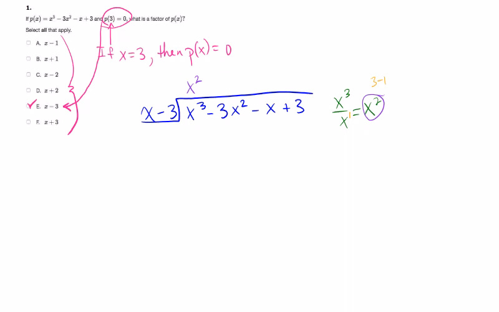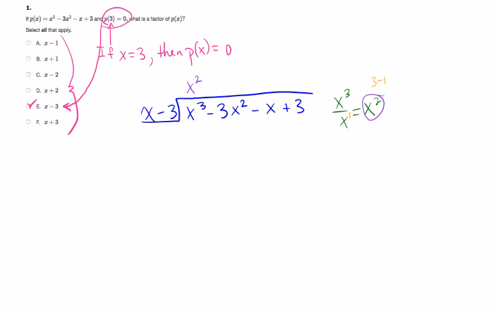Once we get that, now we multiply this times these, okay? And this is just like regular long division. That's what we do. Once we divide, then we multiply, and we put those numbers underneath.